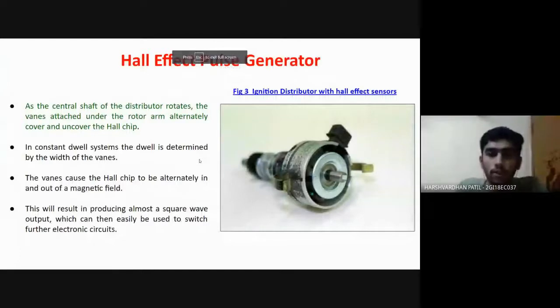So, the Hall effect pulse generator. As we can see, as the central shaft rotates, the vanes attached under the rotor will also rotate and alternately cover and uncover the Hall chip. These vanes are nothing but blades or plates. They cause the Hall chip to be alternately in and out of the magnetic field, causing a square wave output. To determine the dwell, we need to determine the width of the vanes.